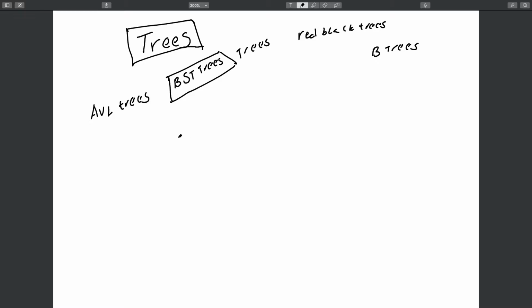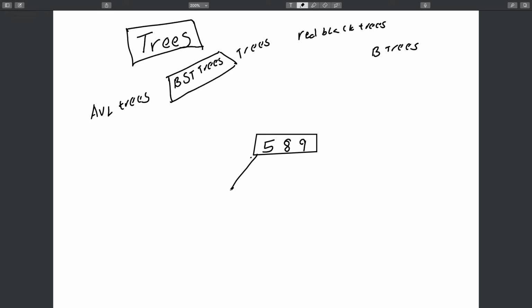Now, what is a B tree? A B tree looks more like a square. It's a square-like tree. So in this square-like tree, we can have a value. So let's say we have a value 5. In this same node, we can have another value 8. In this same node, we can have another value 9.